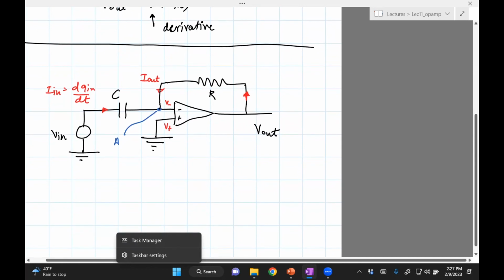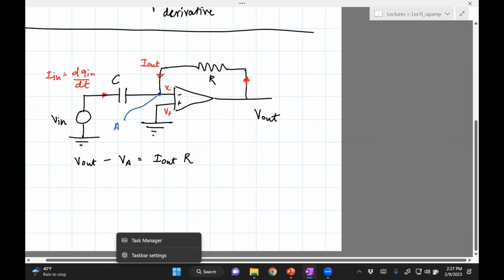We can compute the voltage drop across the resistor R. That would be V out minus VA equals I out R. We can also write a relation for the charge flowing across the capacitor.